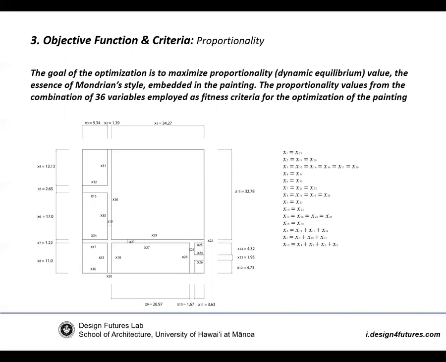The goal of the optimization is to maximize proportionality value, the essence of Mondrian style, that is dynamic equilibrium embedded in the painting. The proportionality values from the combination of 36 variables are employed as fitness criteria for the optimization of the painting.